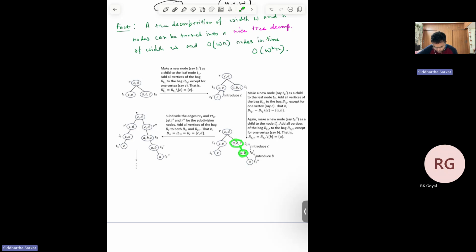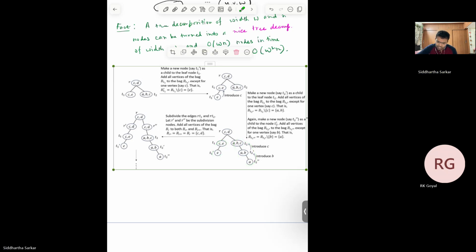From AB, you drop B to get another node A and make this a child of AB. Now this is a valid leaf because in the leaf bag there is exactly one element A. And this is a valid introduce node because it is introducing B alone. This is also a valid introduce node because it is introducing C alone, and they have a single child. Therefore, these sides are taken care of.